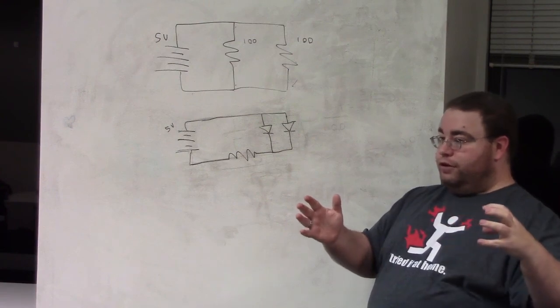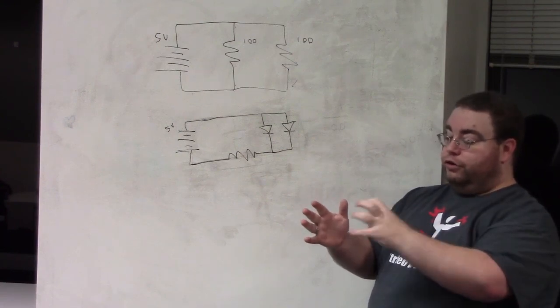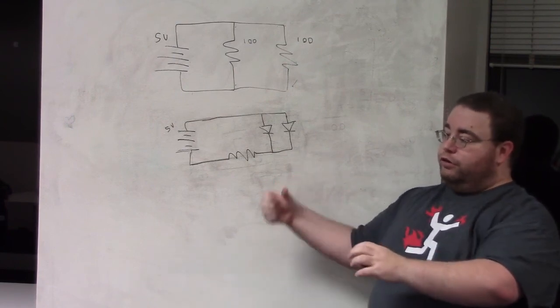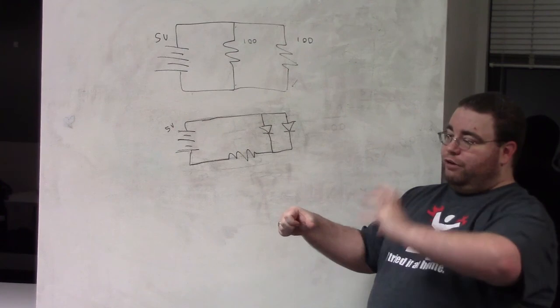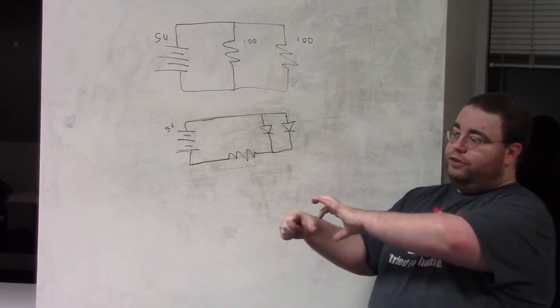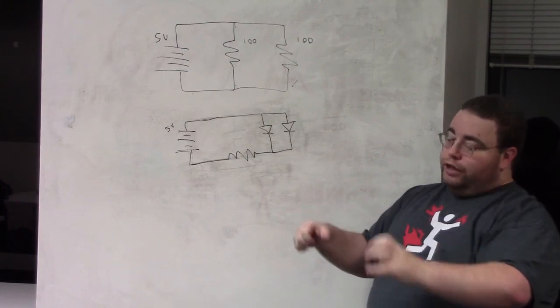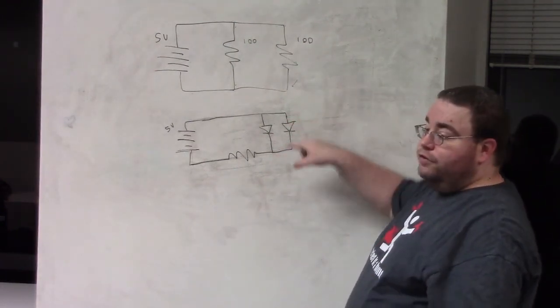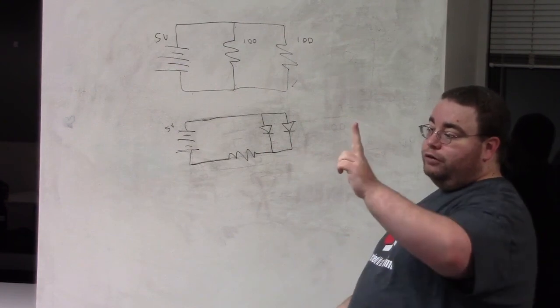Current going in one way allows this one to be a conductor, and so it goes through. Current going in the other way doesn't allow this side to be the conductor because this side's resisting it, and so it won't go through. And that's what a diode is. That's why the symbol for it is this little arrow, because it will allow current through one way but not the other.